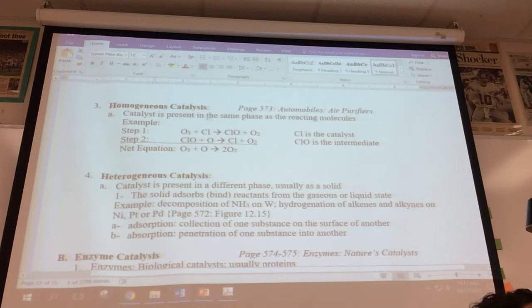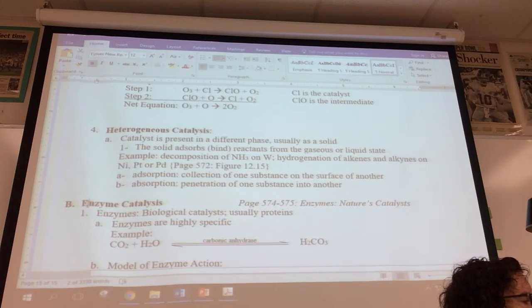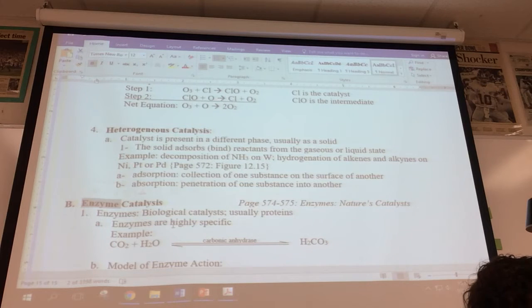Your book gets into homo versus heterogeneous catalysts. Honestly, with homogeneous catalysts, the catalyst is in the same state, let's say gas, as all the reactants and products. In a heterogeneous one, it's in a different state. Not that concerned there. Enzymes you would have learned about in biology. An enzyme is a biological catalyst, typically a protein that increases the rate of a biological type reaction.